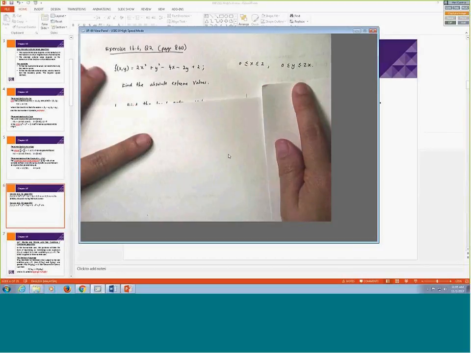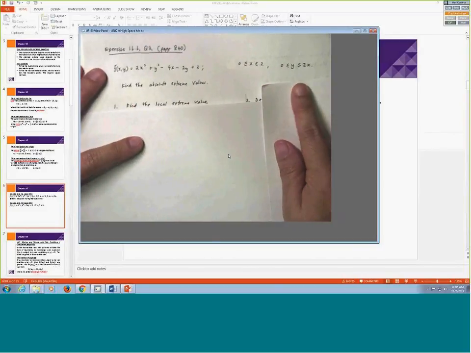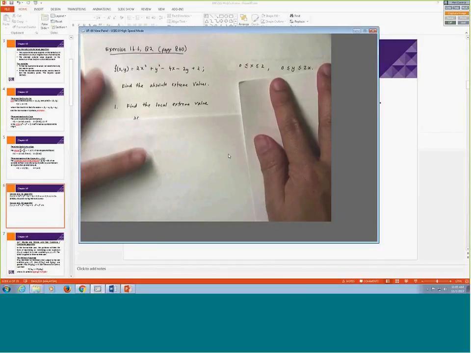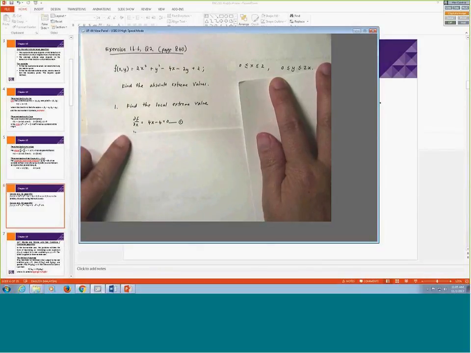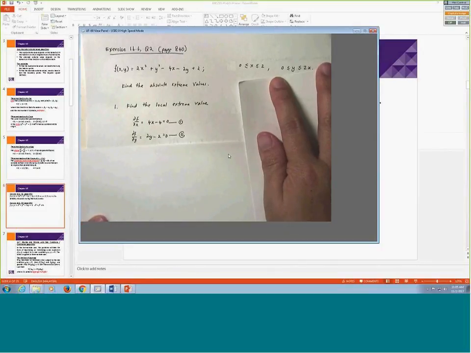So the first step is to find the local extreme value first, which is in section 16.5. You find the gradients, del f del x and del f del y equal to 0. The values of x and y that fulfill this are the stationary point.